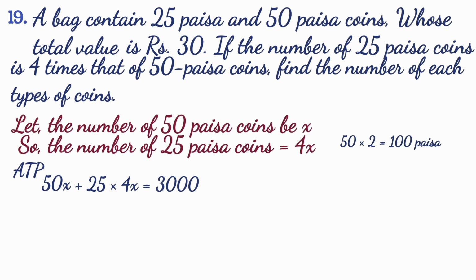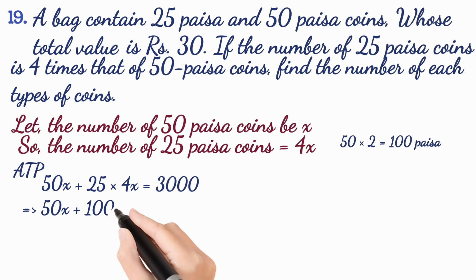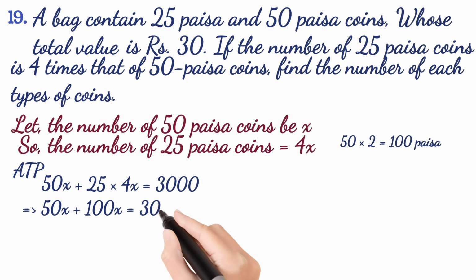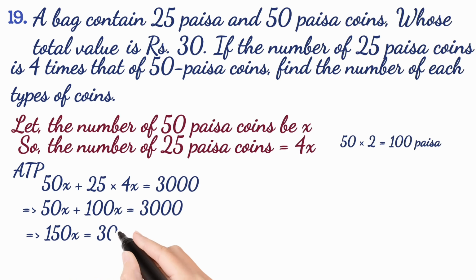So 25 into 4x equals 3000 because rupees 30 equals 3000 paisa. Now 50x plus 25 into 4, that is 100x equals 3000. Now if you add these, 100 plus 50, that is 150x equals 3000.